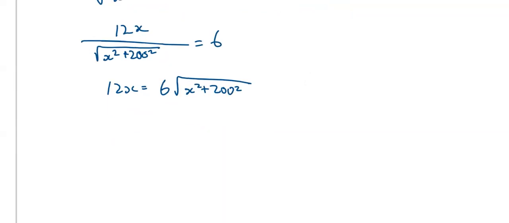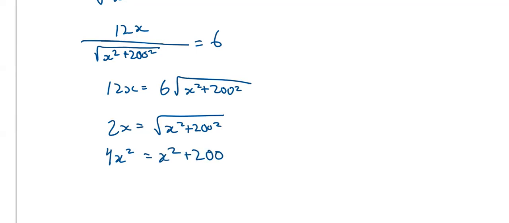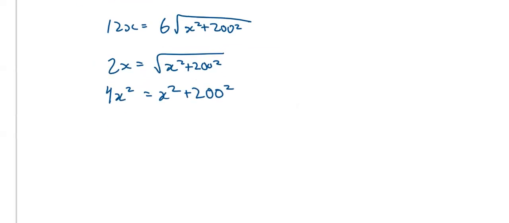Divide both sides by 6. What next? Yeah, nice. Square both sides. 4x squared equals x squared plus 200 squared. And I end up with 3x squared equals 40,000.